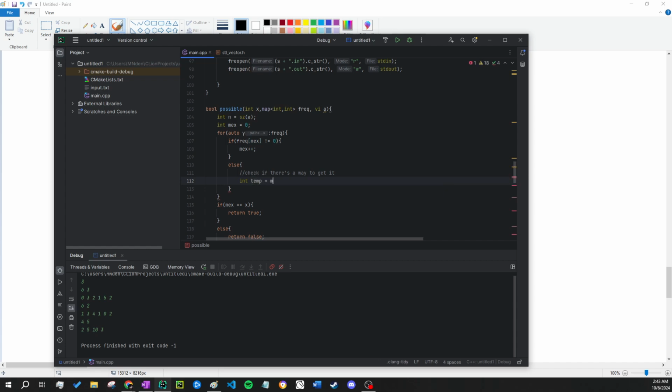Then we're going to search, iterating backwards, I guess you can say.